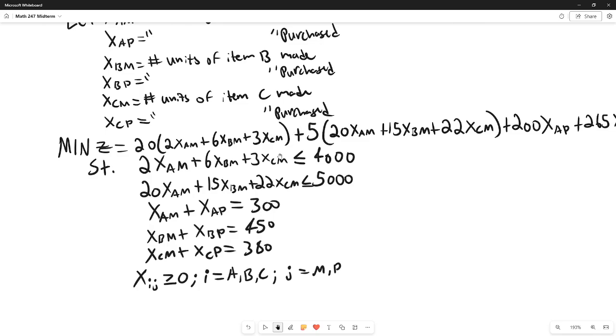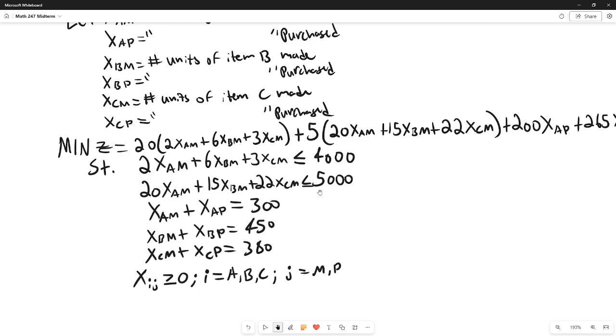If you do it with the 2 unknowns, that's 4 extra lines because you need to write the 2 unknowns, and you also need to write over here H is equal to 2XAM plus 6XBM plus 3XCM, and Q is equal to 20XAM plus 15XBM plus 22XCM.